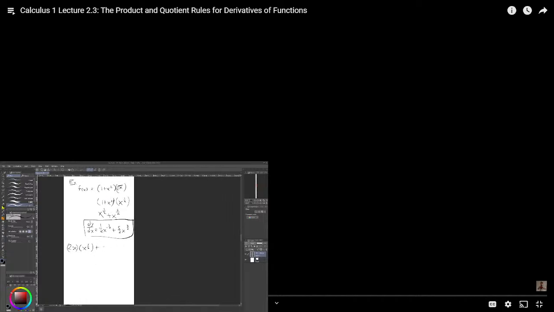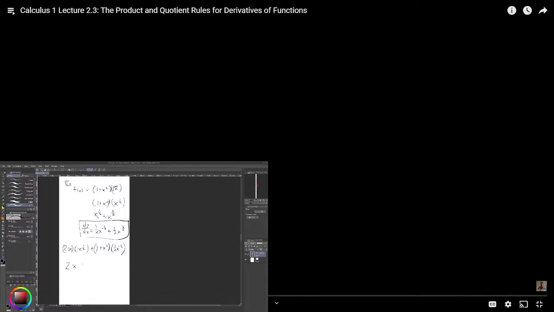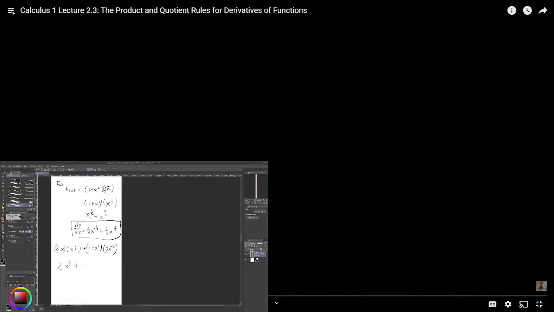Plus 1 plus x squared, half x to the negative half. 2 x, it's 1.5 or 3 halves, plus half x.